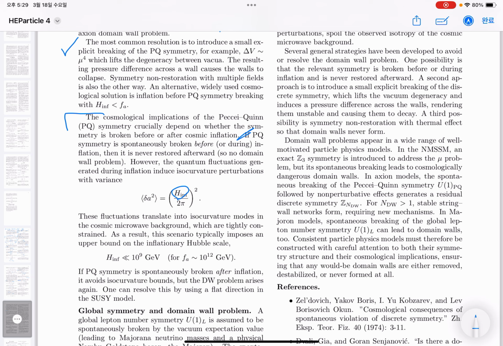These fluctuations make the isocurvature mode constrained by CMB observations. The Hubble scale is strongly constrained, as we already discussed previously. But in contrast, if the PQ symmetry is spontaneously broken after inflation, then this can avoid the isocurvature constraint. But now the domain wall problem arises again.